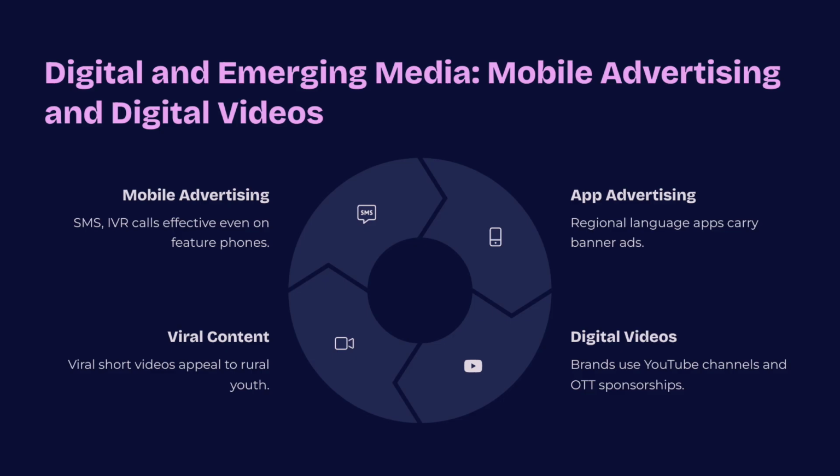Short video apps, many of which offer regional language content, are also emerging as avenues for creative, viral marketing tailored specifically to rural youth. The hybrid media consumption trend means that many rural consumers now encounter advertisements both on television and online, effectively reinforcing the message across multiple platforms.